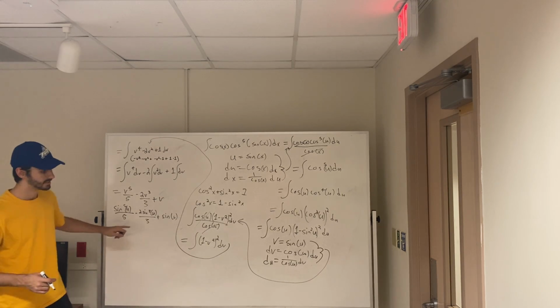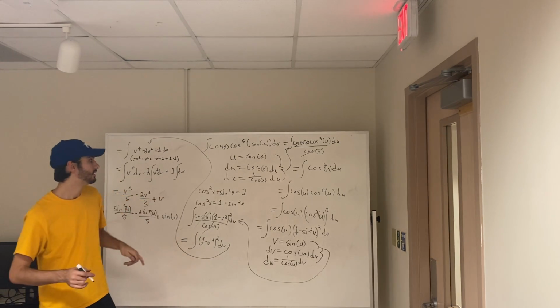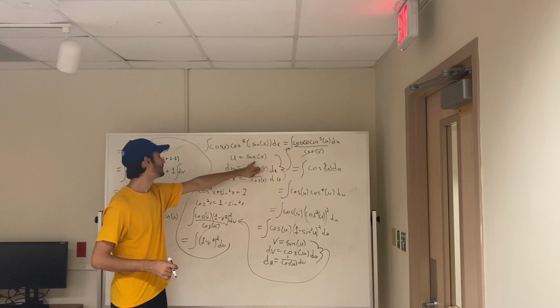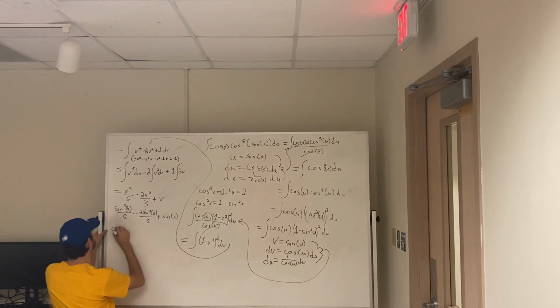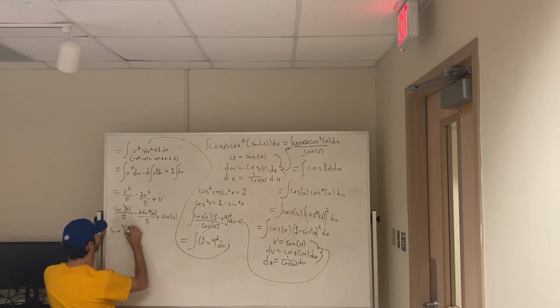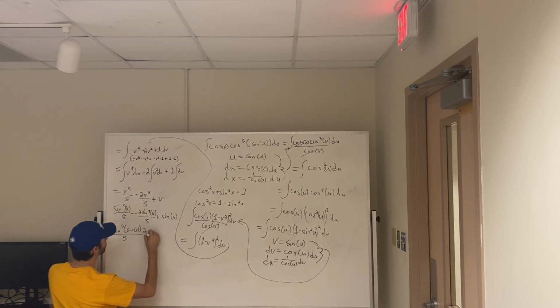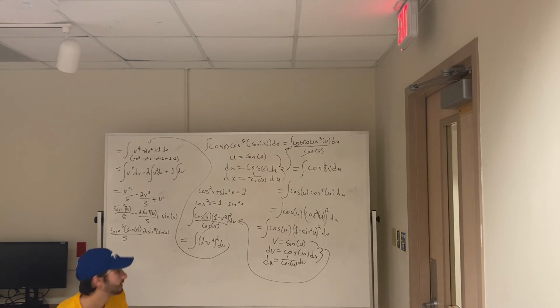Okay, so we have this. The problem is that we have to do another substitution. So now we're going to plug in sine x for u. So we're going to have sine to the power 5 of sine x over 5 minus 2 sine cubed of sine x. Oh gosh, I'm going to rewrite this.